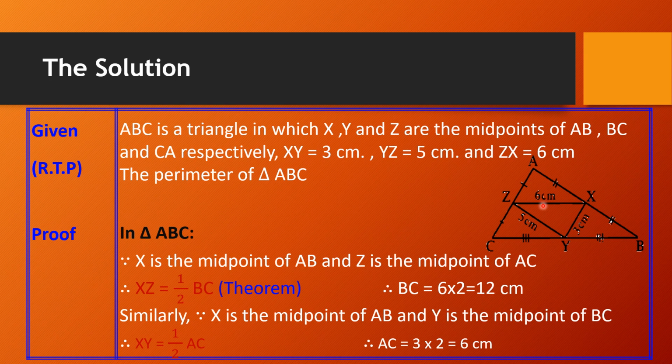Similarly, since X is a midpoint of AB and Y is a midpoint of BC, then XY equal half AC, then AC equal 2 times 3 equal 6 centimeters.